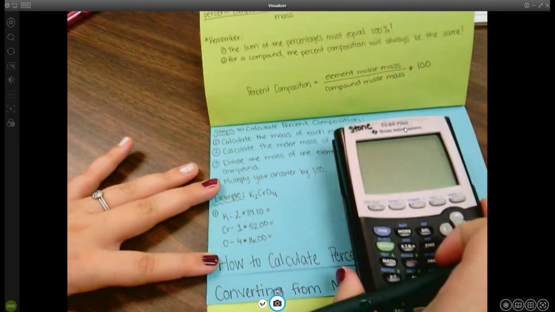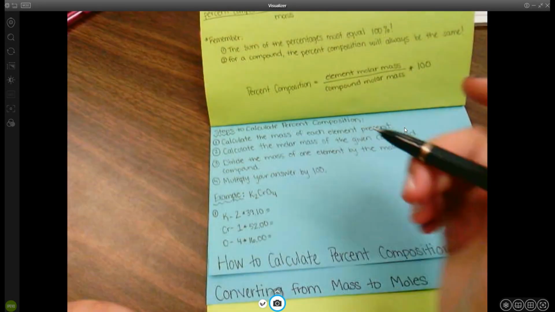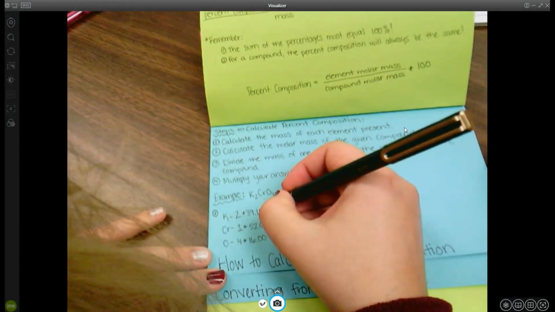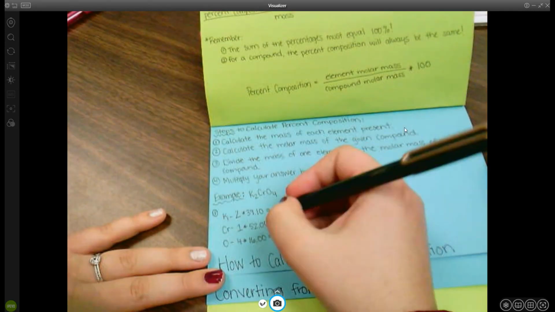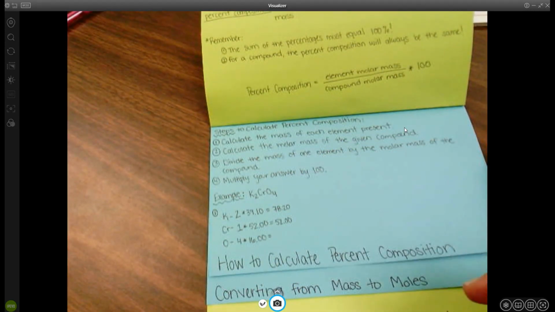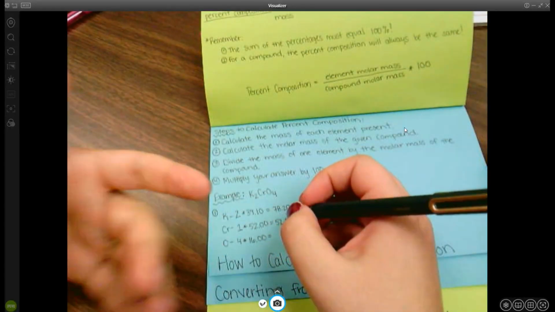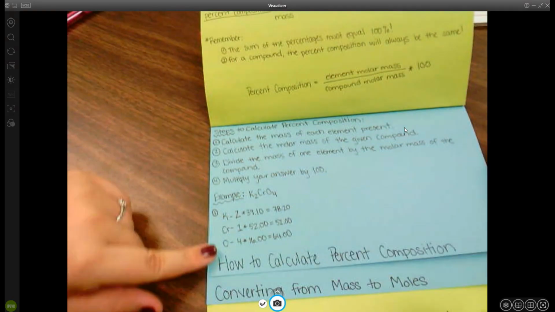I have my calculator handy. 2 times 39.1 is 78.20. 52 times 1 is 52. And 4 times 16 is 64. Okay, so that's step 1.